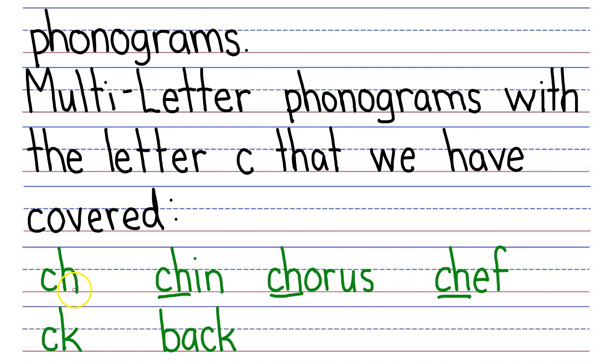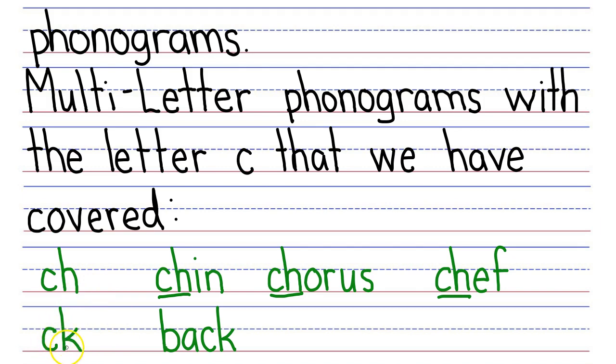You'll remember CH makes three sounds, ch, k, sh. First sound, ch, as in chin. Second sound, k, as in chorus. And third sound, sh, as in chef. So when you see CH, you're going to use one of the sounds of the CH phonogram instead of sounding out the C and the H separately.